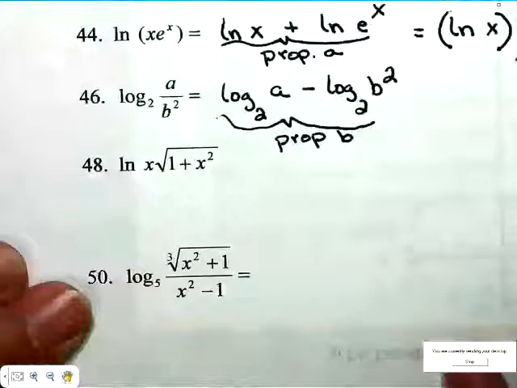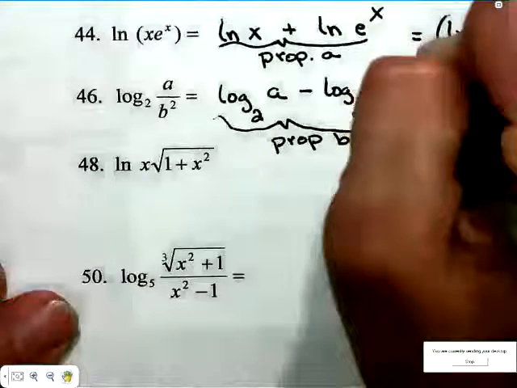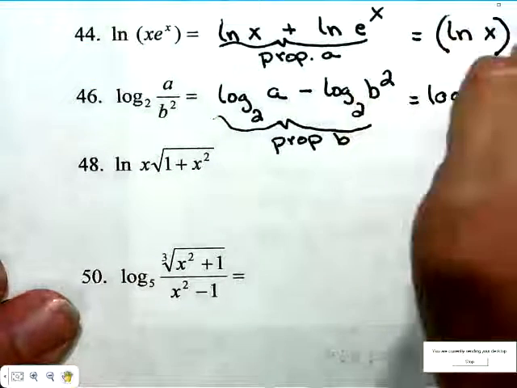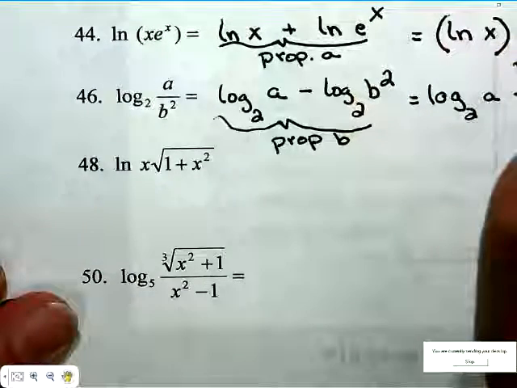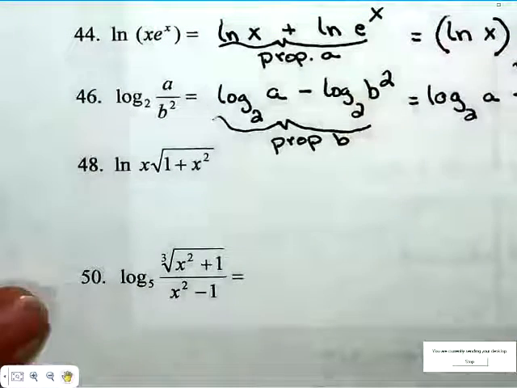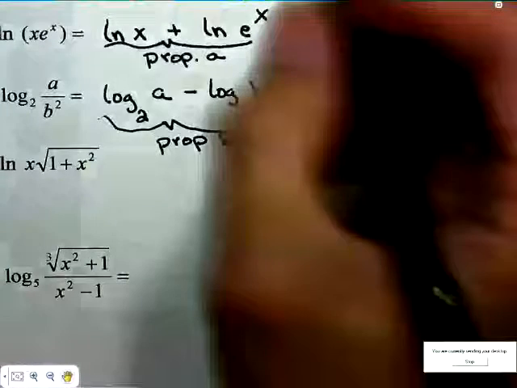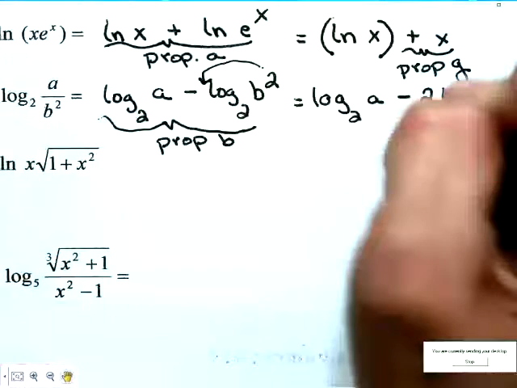I can write that as log base 2 of a minus 2 log base 2 of b. That's using property C.